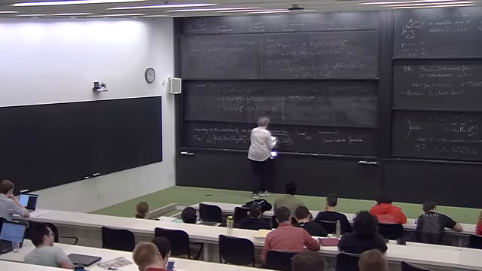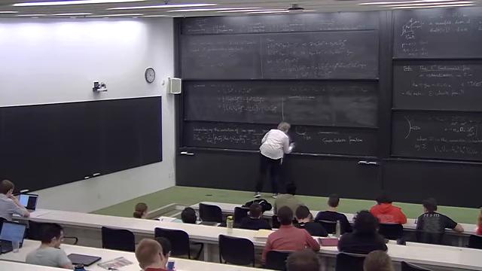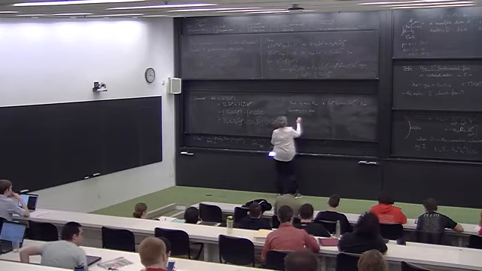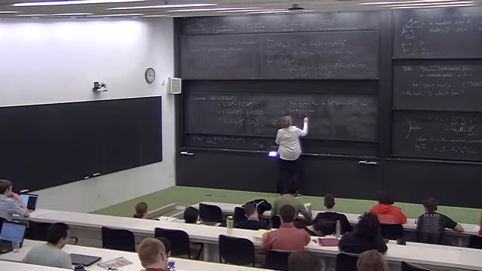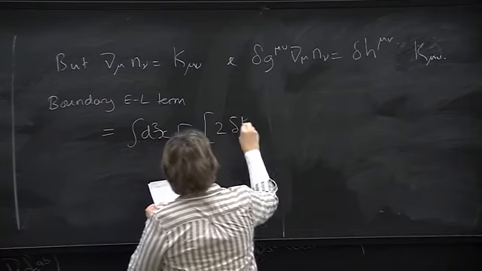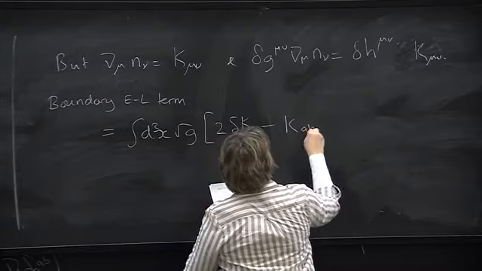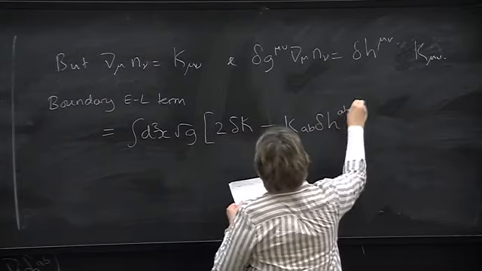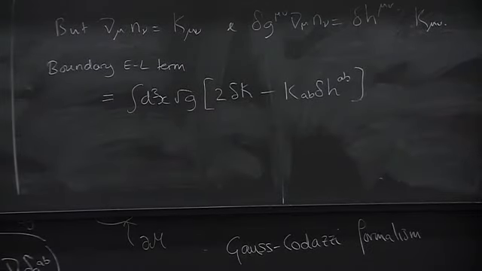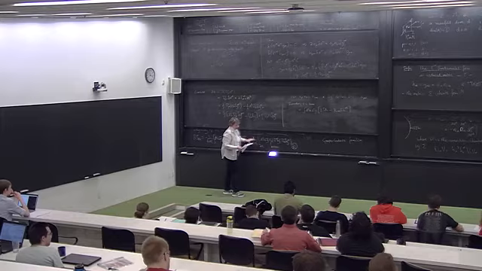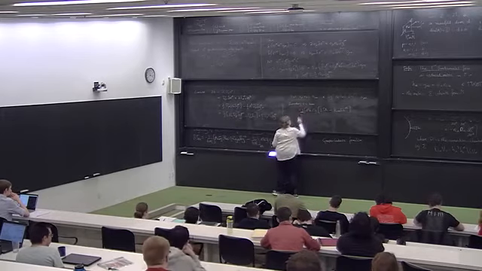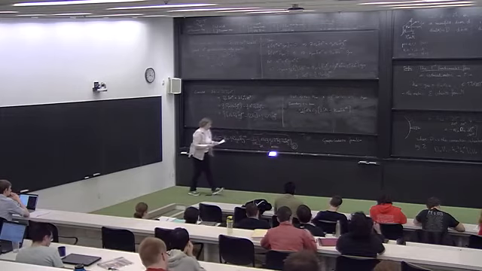If I call this BT, our boundary term, which was this piece here, I suppose I should put the minus 1 over 16 pi g, squeeze that in there.